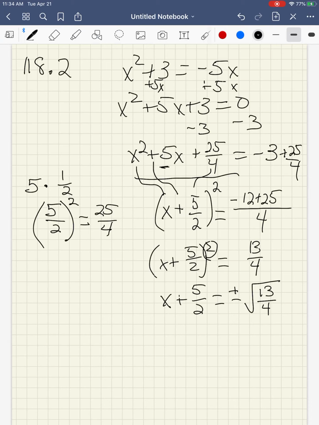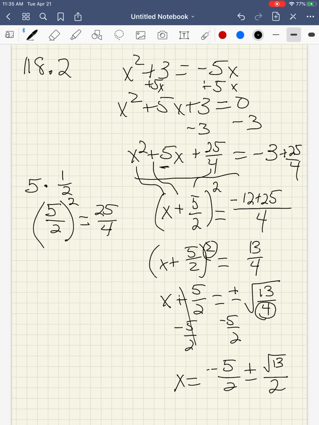All right, so this right here, I know what the square root of 4 is. What is it? It's 2, right? So we're going to go ahead and subtract 5/2 from both sides, but when we rewrite this, we're going to put minus 5/2 plus or minus the square root of 13, but we're taking that square root of 4 out of the denominator, so it becomes 2.